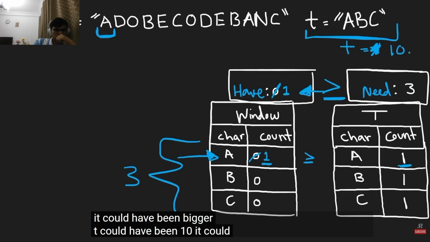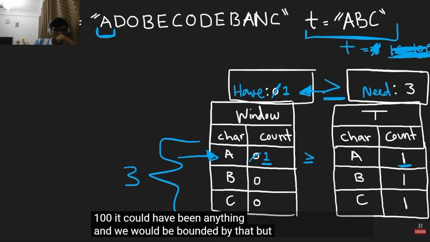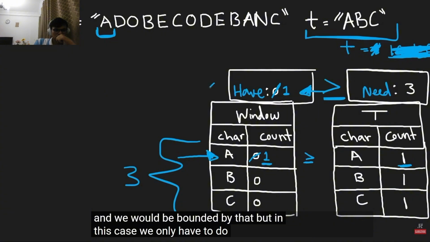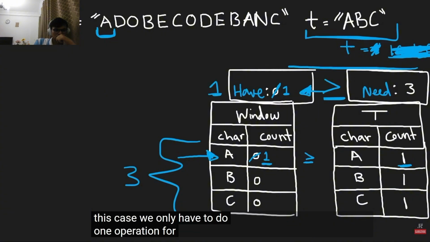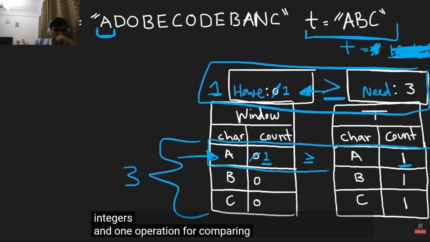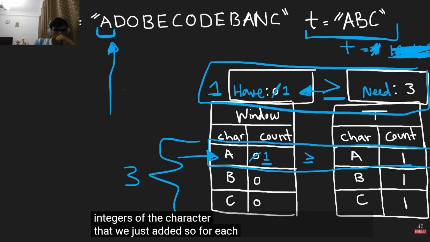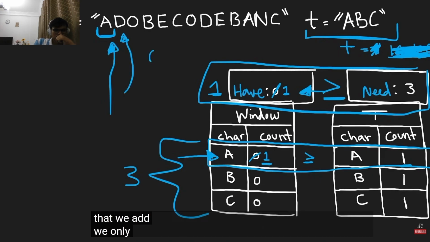T could have been 10, it could have been 100, it could have been anything, and we would be bounded by that. But in this case, we only have to do 1 operation for comparing the integers of the character that we just added. So for each character that we add, we only have to do an O of 1 operation.